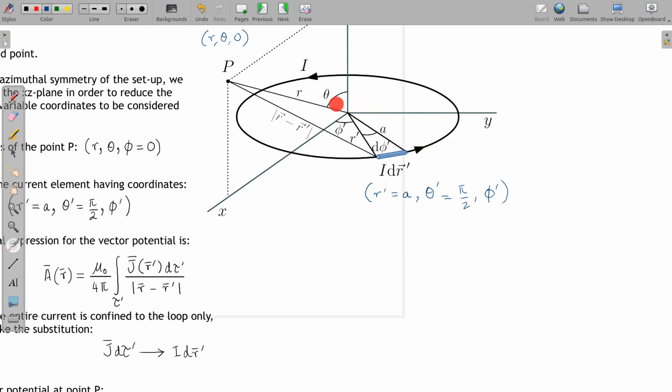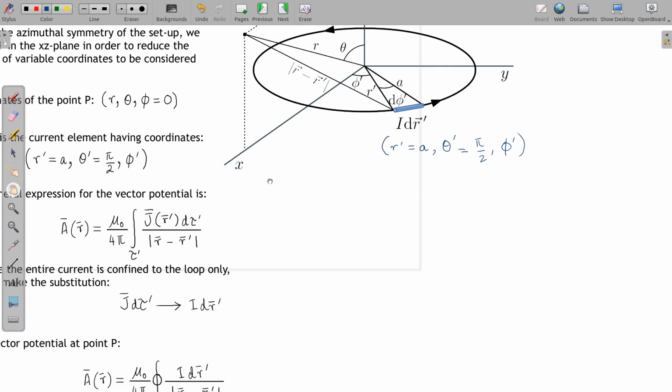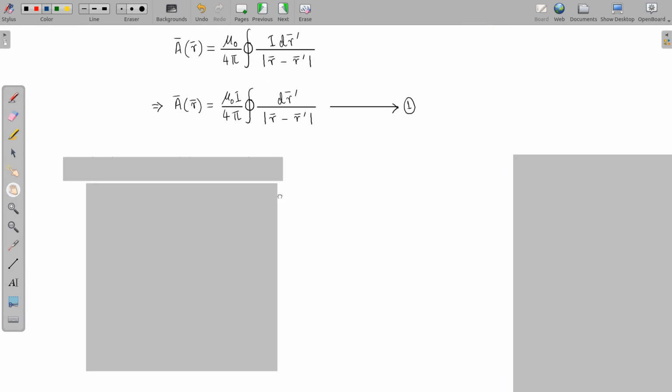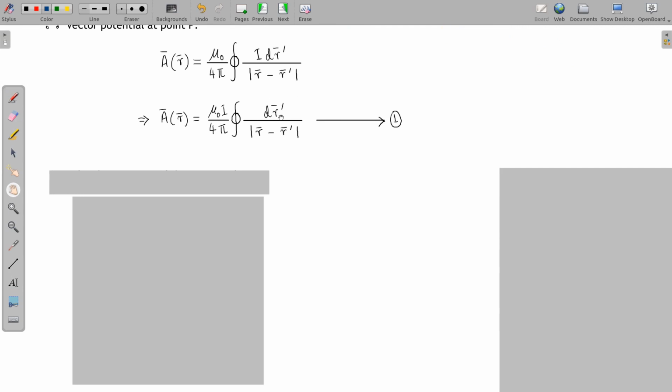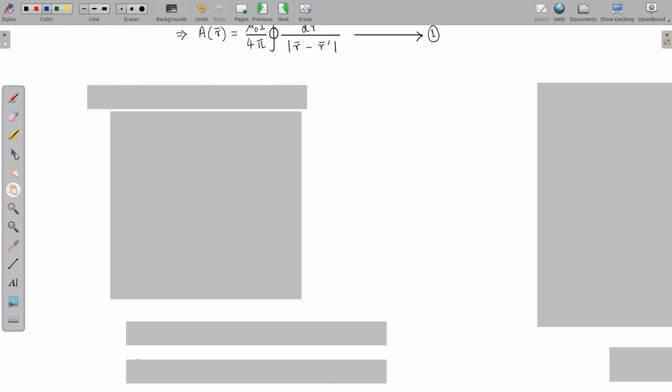So when you integrate phi prime from 0 to 2 pi, that is going to take care of the entire loop. So next step that we would like to do is we'd like to convert everything. We'd like to somehow bring in the integration variable phi prime. So this dr prime we want to write in terms of d phi prime, and r minus r prime also we want to bring in phi prime, okay.